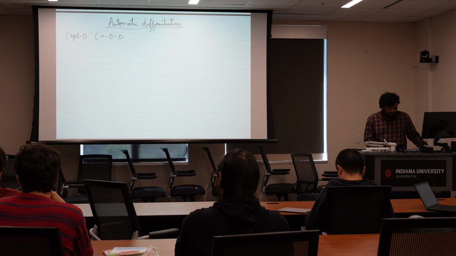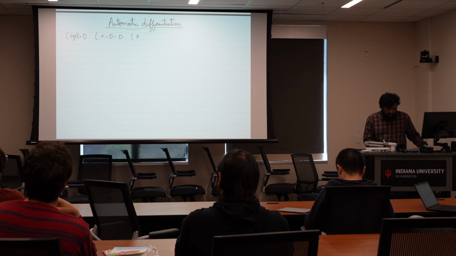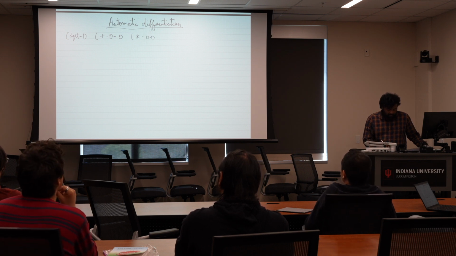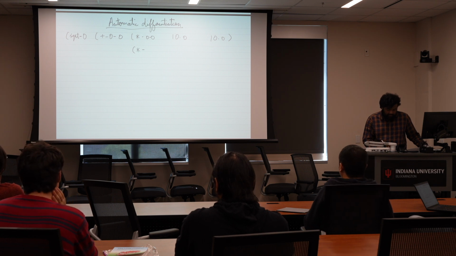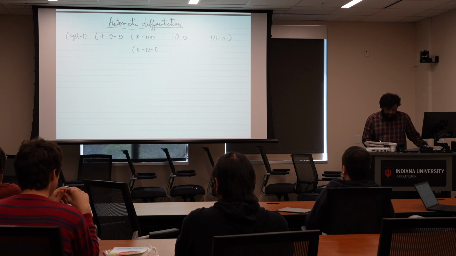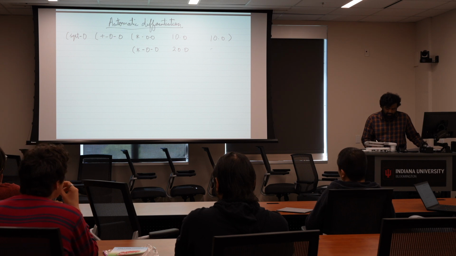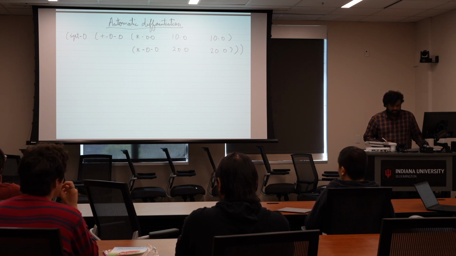There's plus 0, 0, and there's times 0, 0. Right, so what we are doing is we are multiplying 10 with itself, and then we are adding the result with the square of 20, which is done by multiplying 20 with itself. And then finally we are taking the square root of that result.